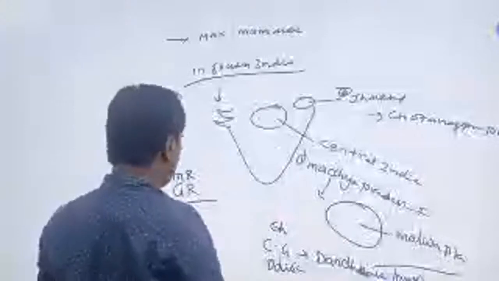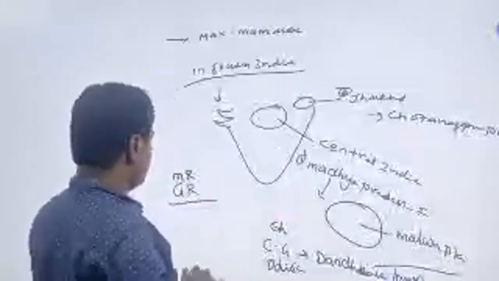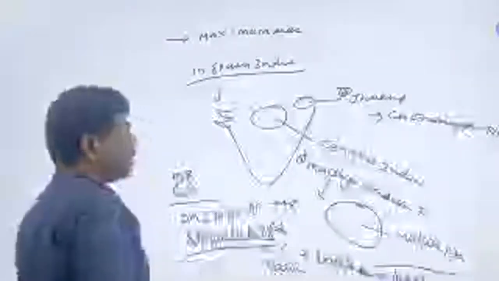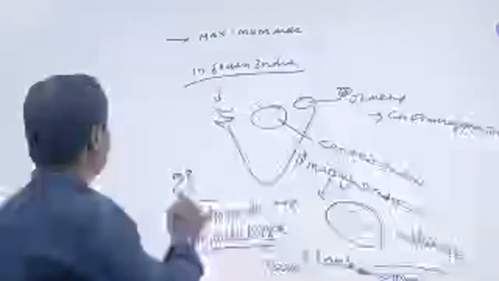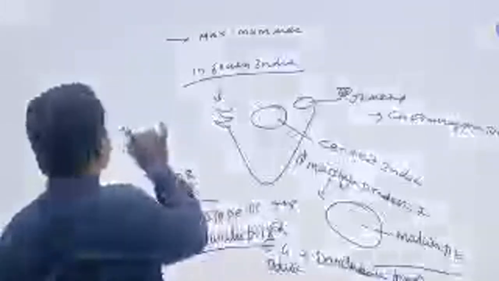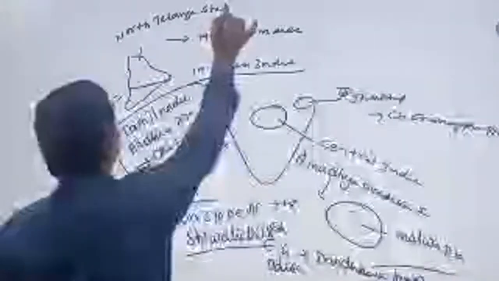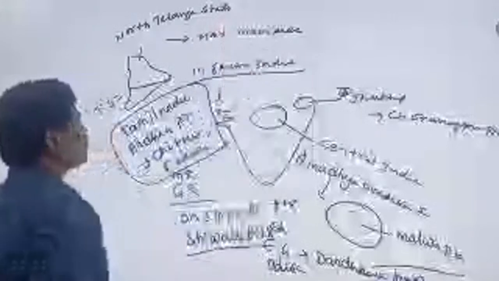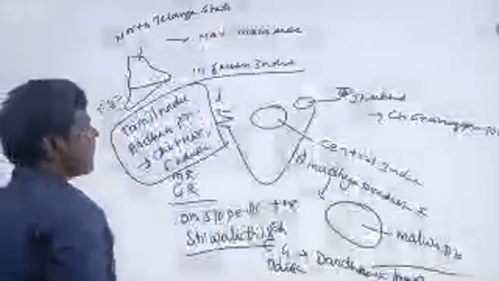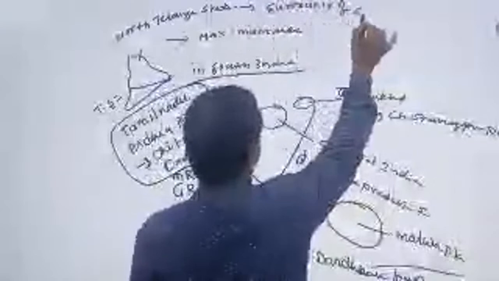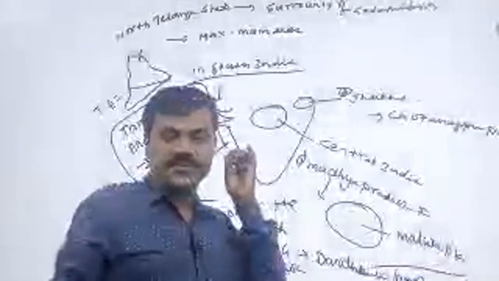Next, Telangana has the forest mainly in the north of the state, surrounding the Godavari Basin. Godavari Basin is famous for the deciduous forest in India.